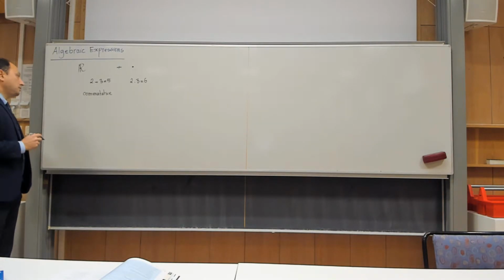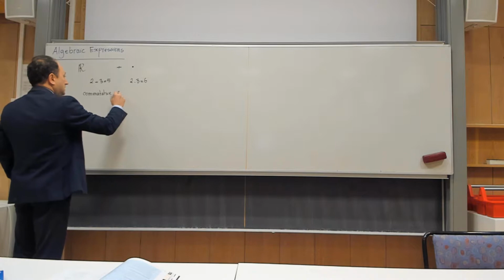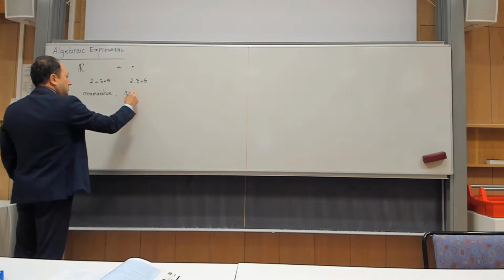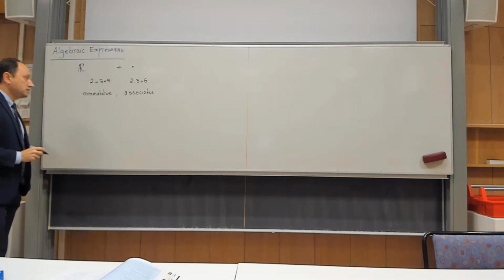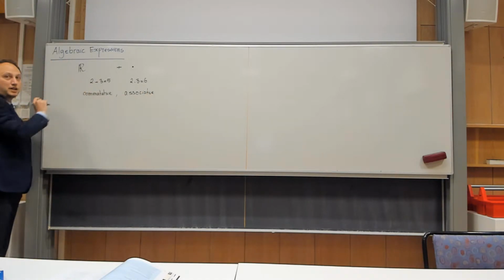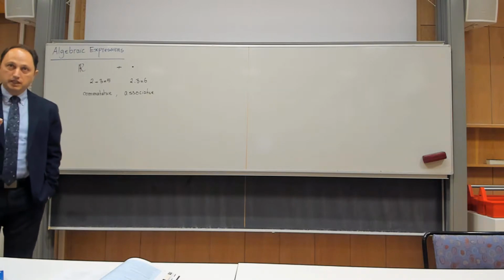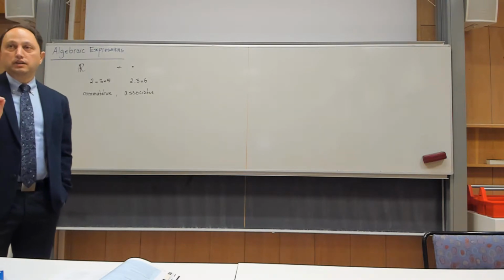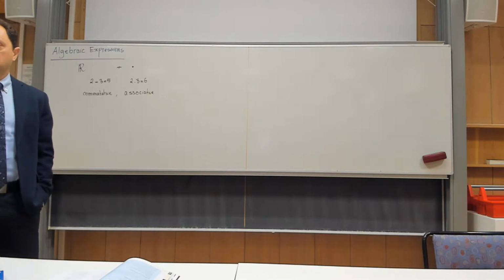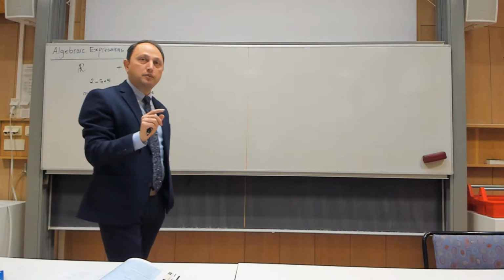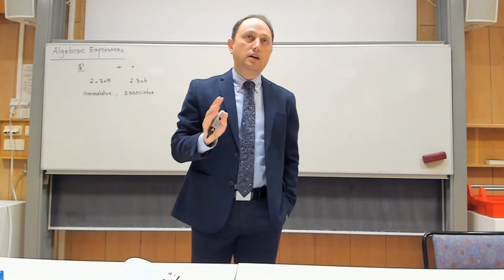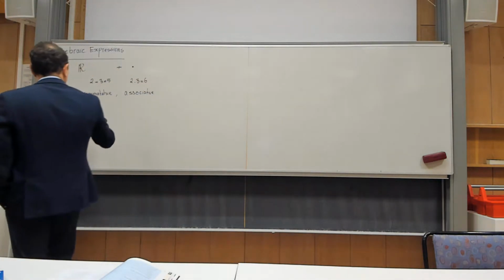Another property that is very important is associativity. So what is the meaning of associative? Associative means that when I have two operations of the same kind, either two addition operations or two multiplication operations, then how I prioritize those operations is irrelevant. It doesn't matter, and everyone knows about that.